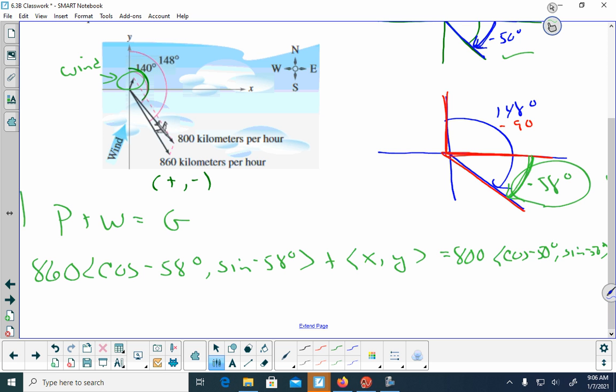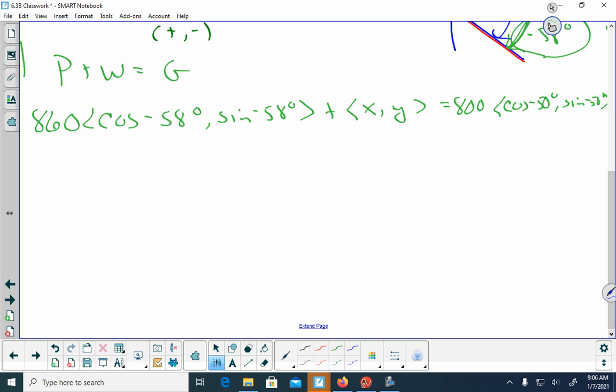So again, all calculator. So I'm taking 860 times the cosine of the negative 58 degrees. And when I do that, I end up with 455.73. 860 times the sine of negative 58 degrees, and I end up with negative 729.32.